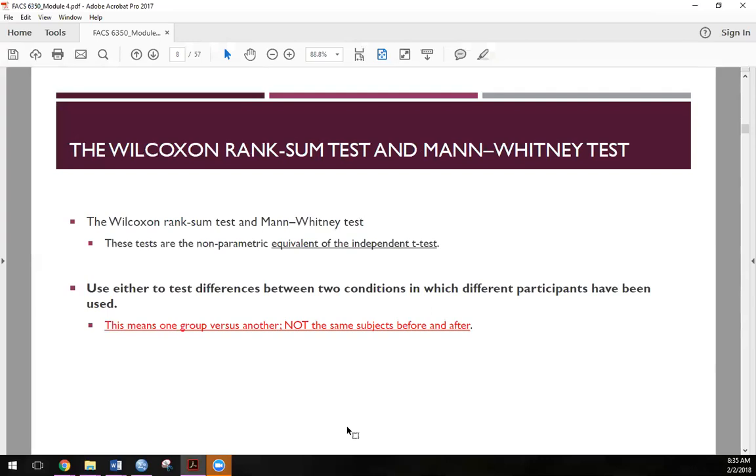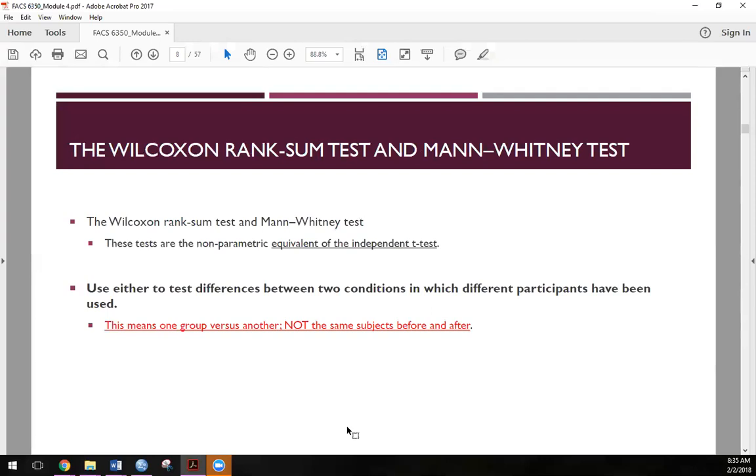So like in the data set that we use, gender is a really good example of either you're male or you're female. And so if I test the blood pressure of males versus the blood pressure of females, then I'm doing an independent samples test because it's two different groups. I can't belong to both, and I have to identify as one or the other, and I'm testing them against each other.